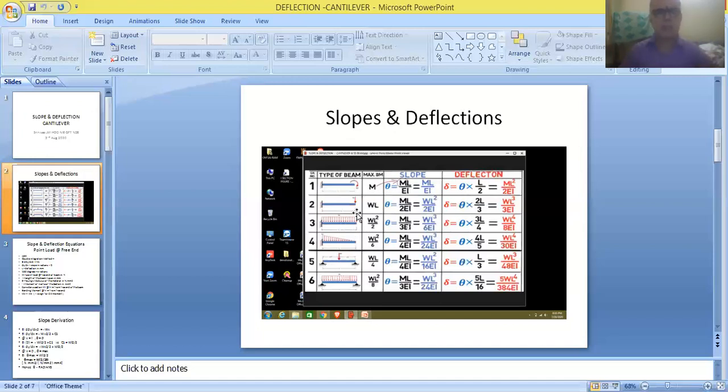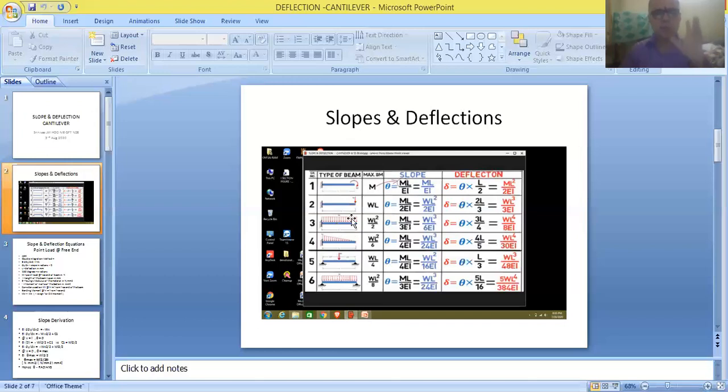So this is the figure which indicates a point load acting at the free end of the cantilever, and this figure represents a uniformly distributed load acting for the entire length of the cantilever.